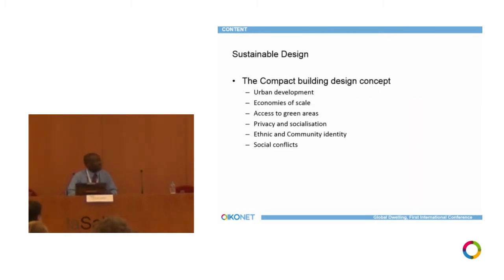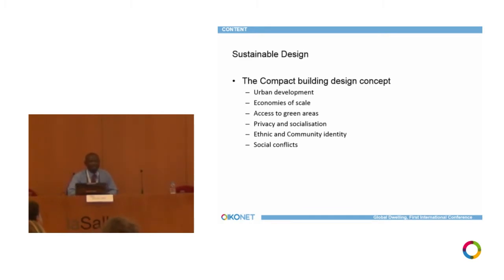The third sustainable design concept that was identified is the compact building design concept. It is usually applied, or should be applied, in urban development. It takes into consideration economies of scale, meaning you're housing a lot of people in one unit, in one area.